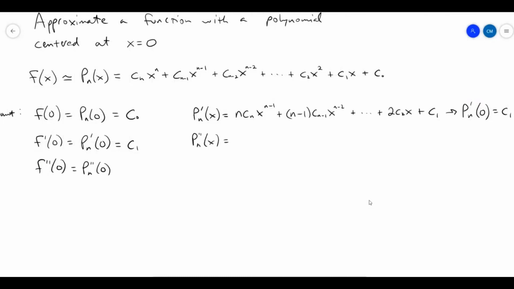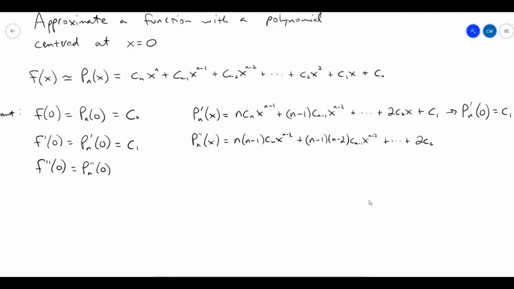And so again, we just use the power rule again, and that means that n minus 1 is going to come down front. So we're going to get n minus 1, c sub n, x to the n minus 2. And then this keeps going, right? We'll have n minus 1, we'll have n minus 2. These terms don't really matter too much. It's the ones on the end that we really care about. And then we keep going, and then the last one, we're going to get 2c2, right?